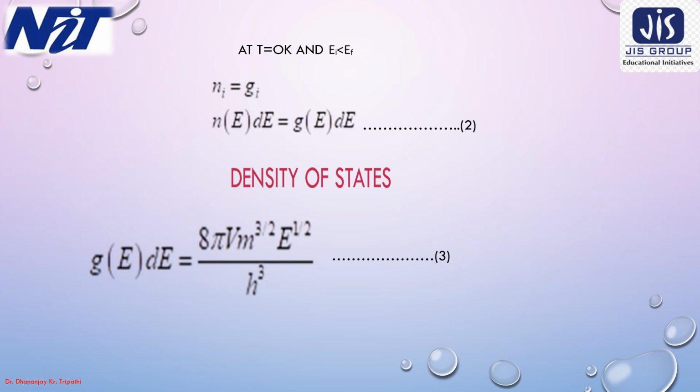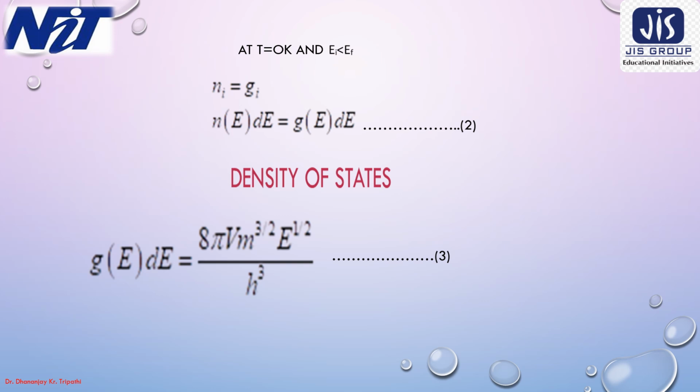The definition of density of states is the number of microstates per unit energy range. If dE is equal to 1, because we have considered the energy range as E and E plus dE, so what will the range be? The range will be dE. If dE equals 1, then the number of energy states or quantum cells available to fill the electrons in unit energy range is called the density of states.